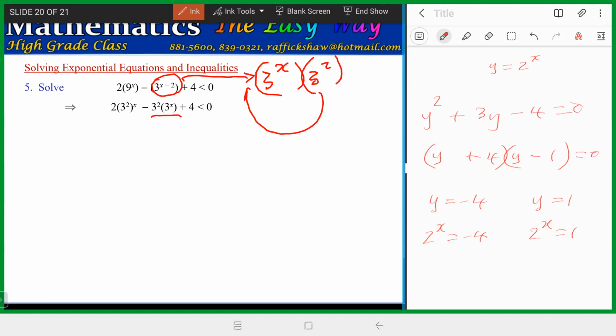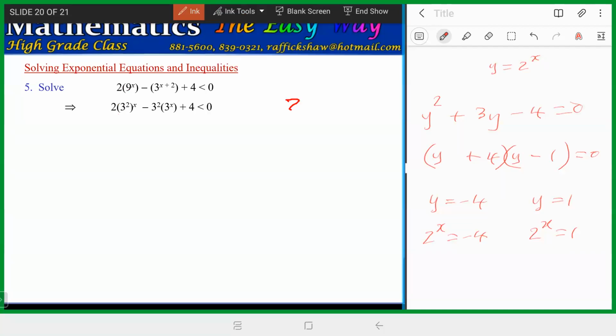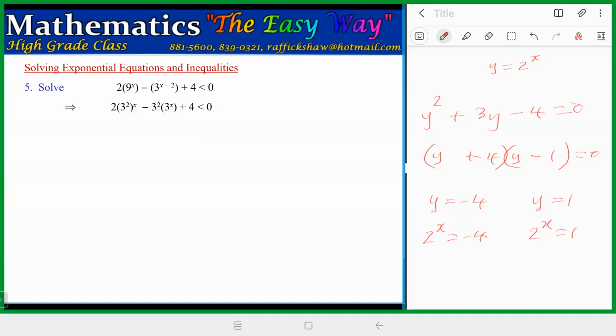And then the 9 is the same as 3 squared. But I'm searching for 3 to the x, a positive 3 to the x. So I can switch around these two and write this as 9 times 3 to the x. So I get my next line, like that.